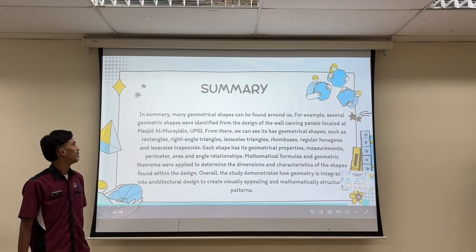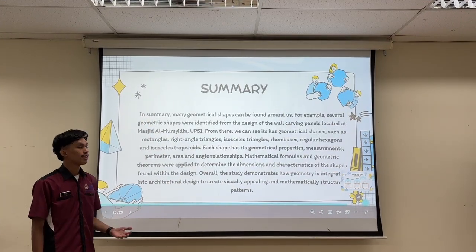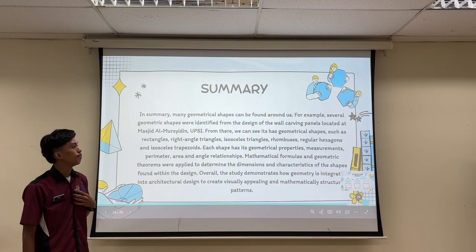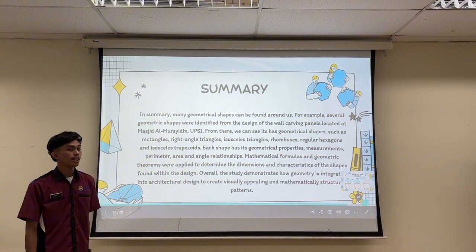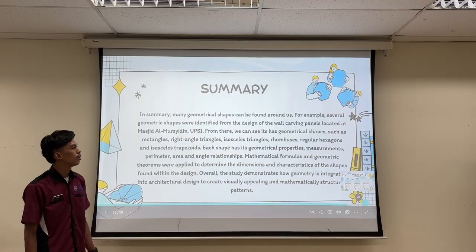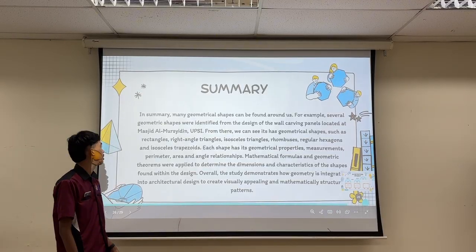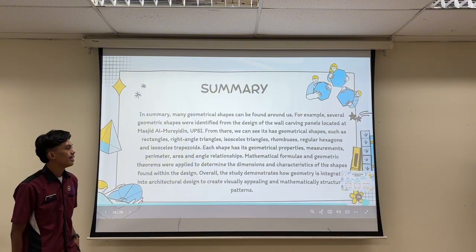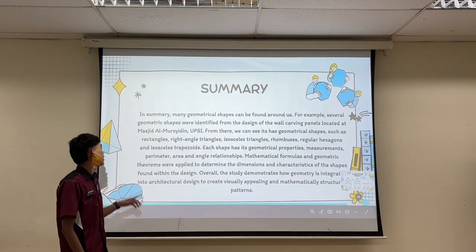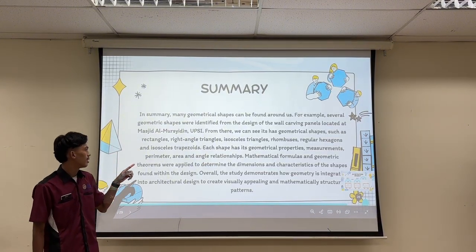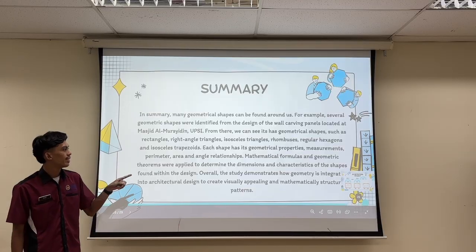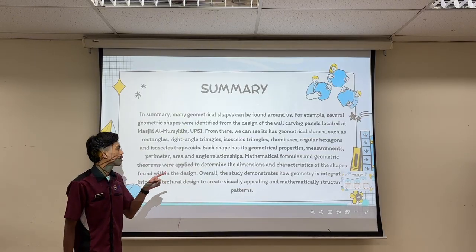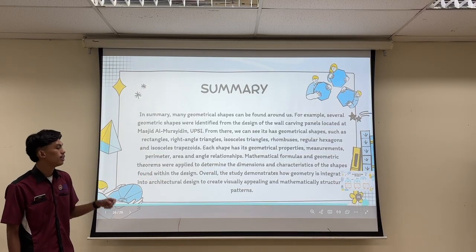For the summary, many geometrical shapes can be found around us. For example, several geometric shapes were identified from the design of the wall paving panels located at Masjid Al-Mushidin. From there, we can see it has geometrical shapes such as rectangle, right triangles, isosceles triangles, rhombus, regular hexagon, and isosceles trapezoids.